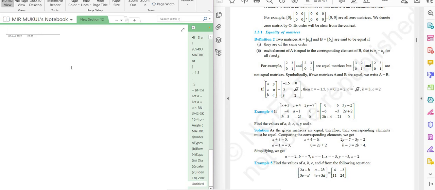If diagonal elements are also 0, then that is a zero matrix, which is a square matrix, and we can say it is also a diagonal matrix, right?